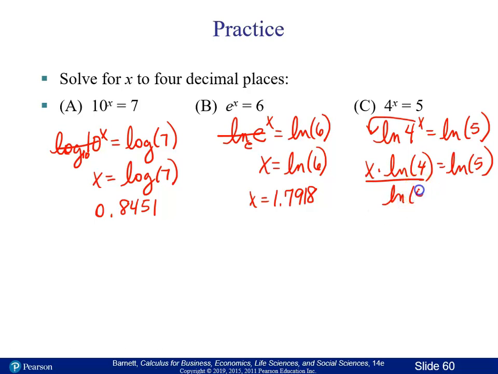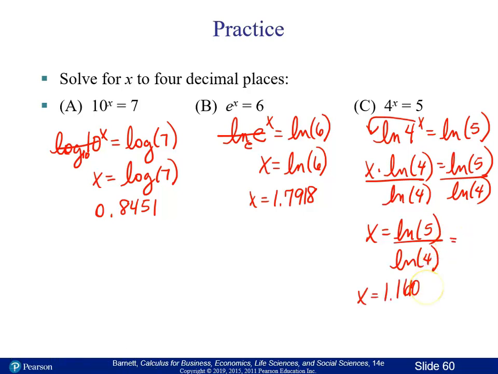Divide by ln of 4. And so x is going to be the natural log of 5 over the natural log of 4. Okay, so x is going to be 1.16. Looks like that's going to bump it up to 10.